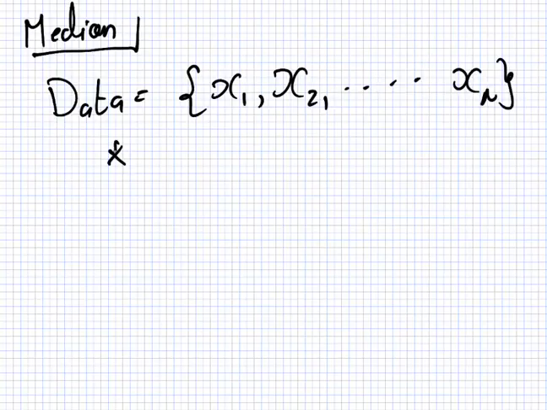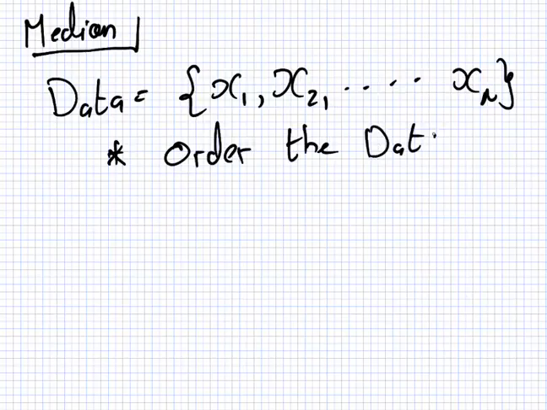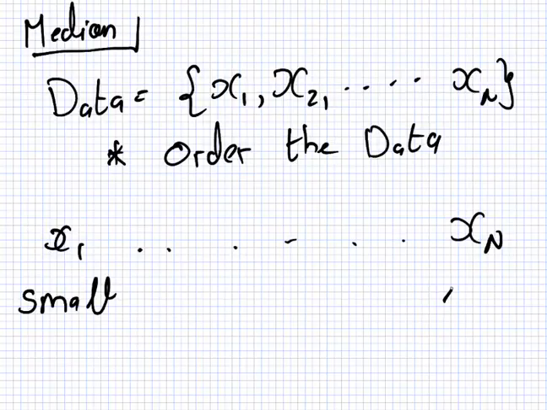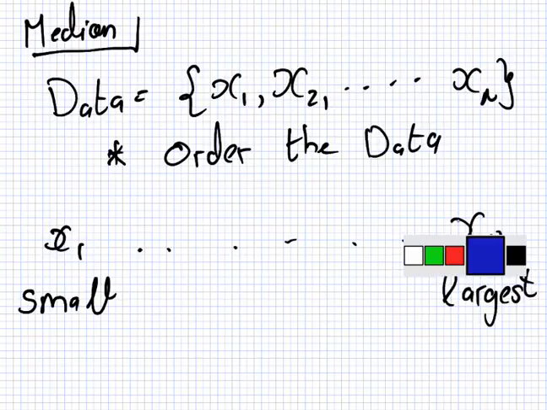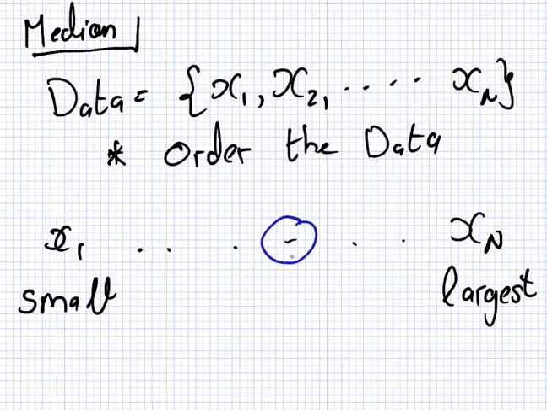What you do is you order the data. So you put the smallest one first, and then you write them in a list, and you put the largest one at the end of the list. And the median is the middle of the list.